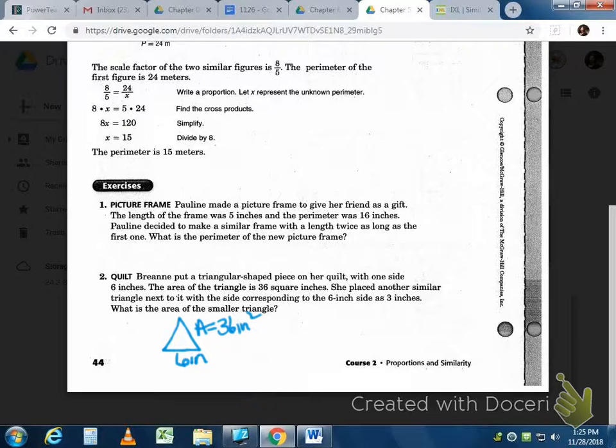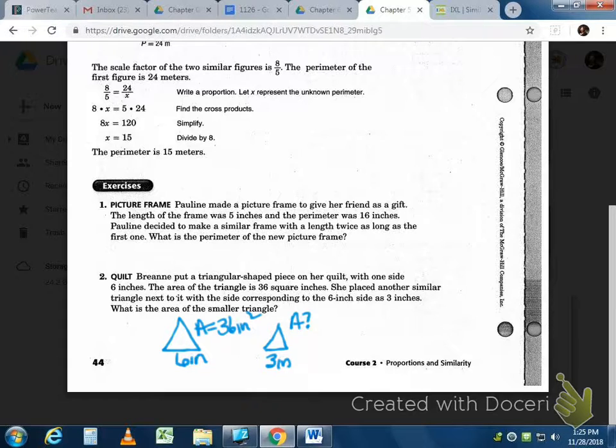Now it says that she has another one and the corresponding side's only 3 inches. So I kind of wish I'd made the first triangle a little bit bigger, because now I've got to go smaller, and it's already pretty small, but we're going to do it. So we're going to make a smaller one. And this time this is 3 inches, right? So I've got to figure out the area of this one.